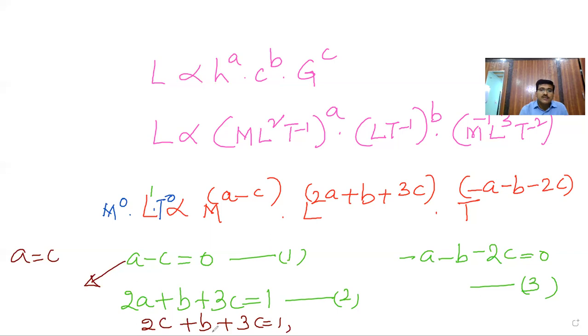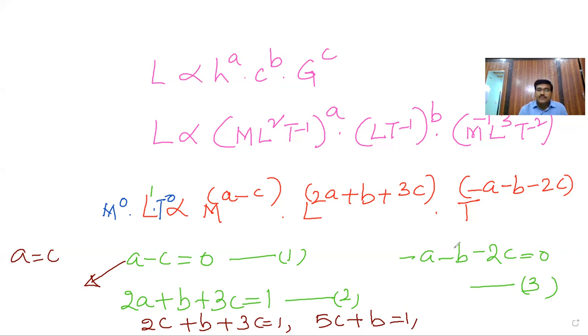That means 5C plus B is equal to 1. This is the simplified equation.